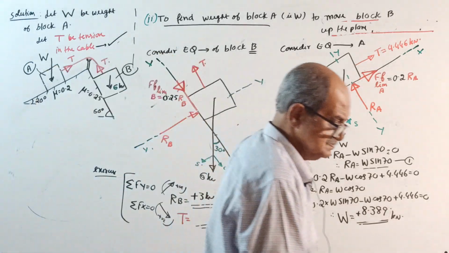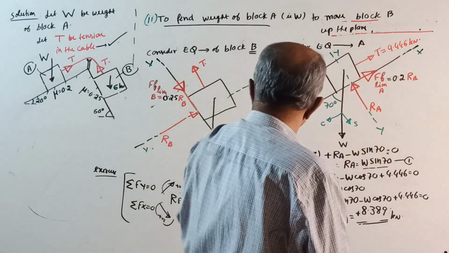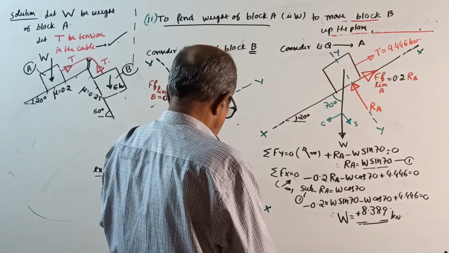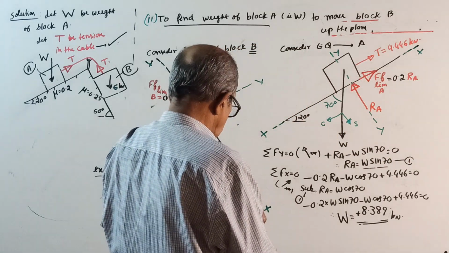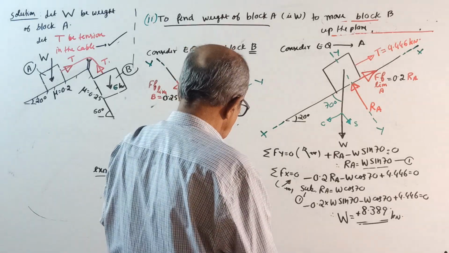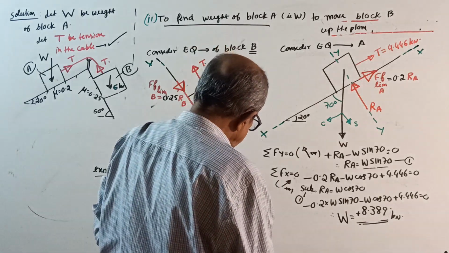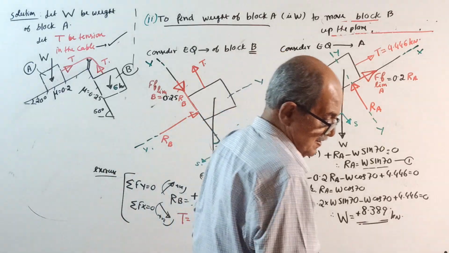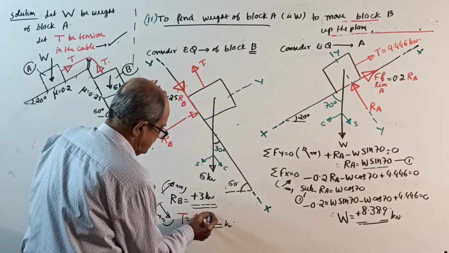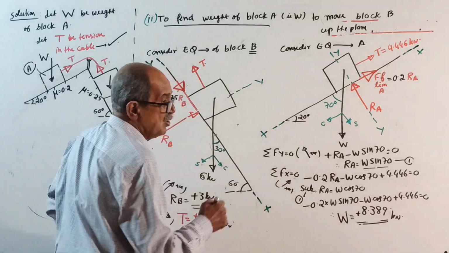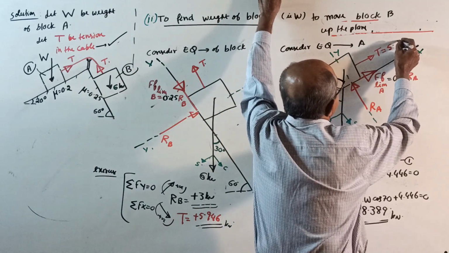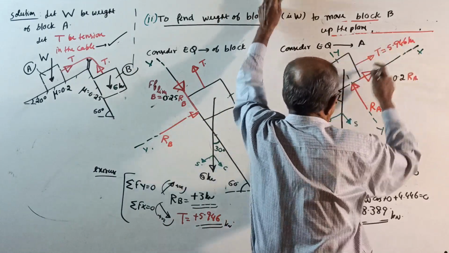T equals 3 into 0.25 plus 6 into cos 30 plus 3 into 0.25, which is 5.946 kilonewton. Tension came more, effort required is more. So here you write T equals 5.946 kilonewton.